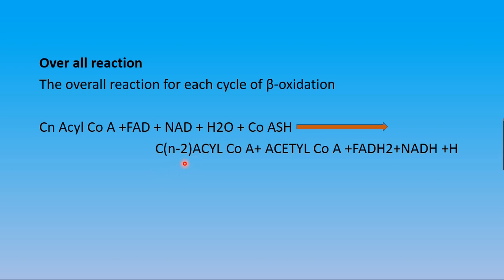Why I have kept n minus 2 is that when we have, for example, 10 carbons, you are going to have a loss of acetyl CoA, that is 2 carbons lost. So how many remain? 8. How did you get it? 10 minus 2. So the next fatty acyl CoA is going to have 8, and that enters into the cycle again and gives rise to again minus 2, like this. This is going to continue until you have the complete oxidation of the fatty acid.